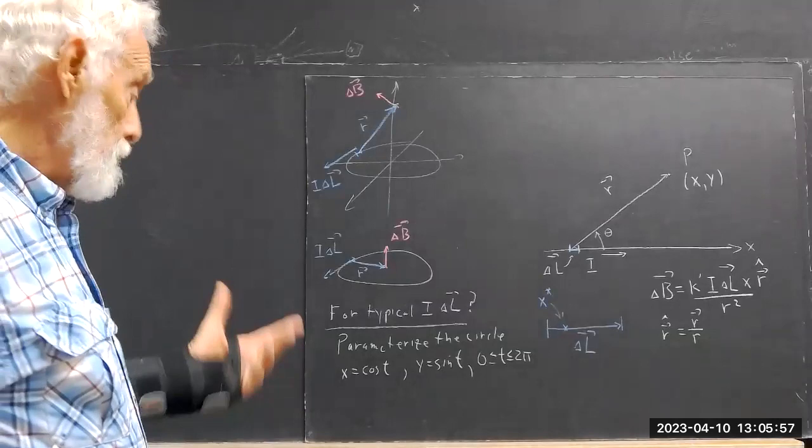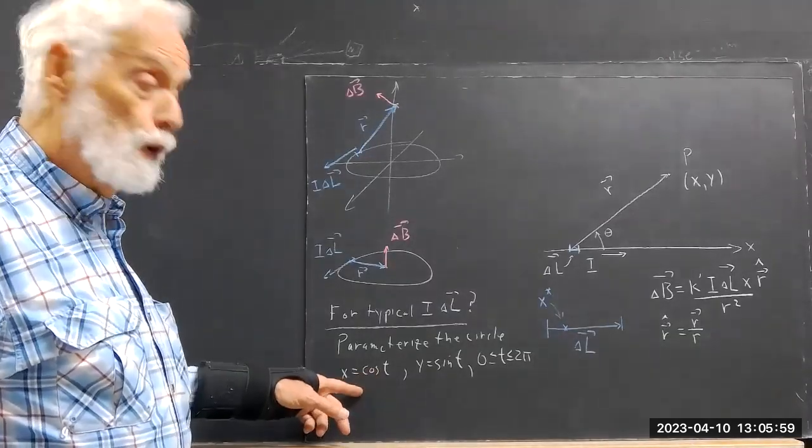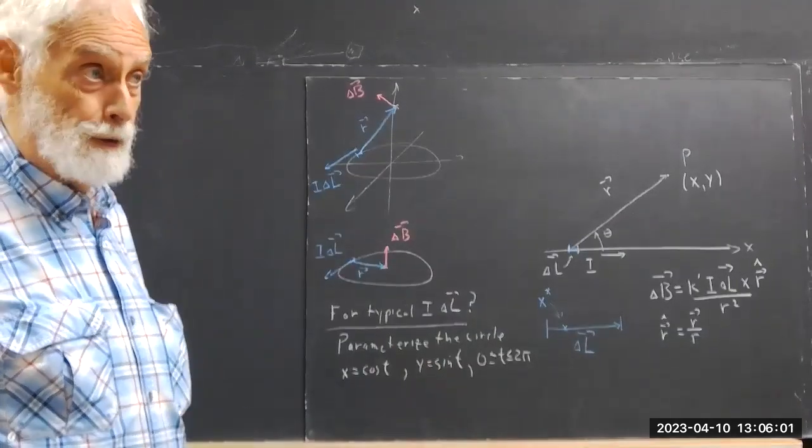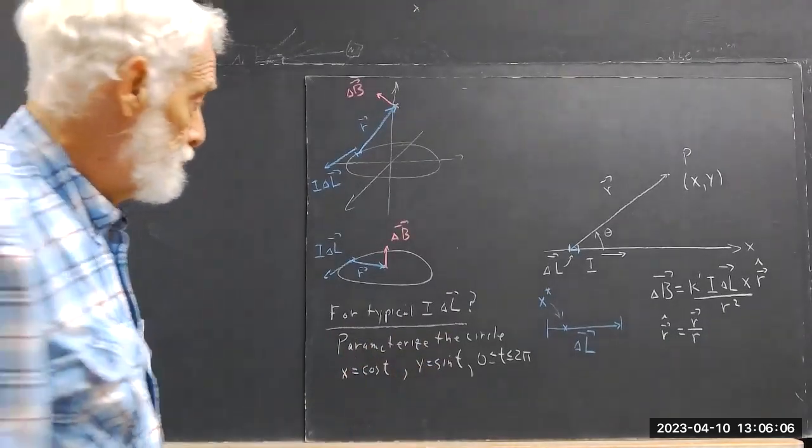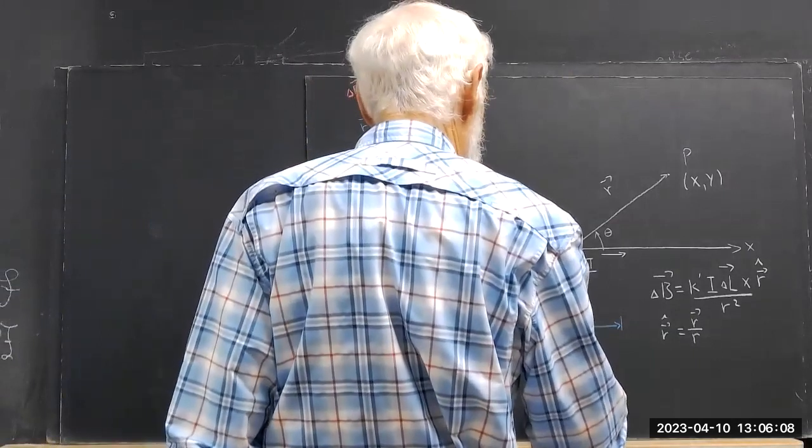Another convenient parameterization is cosine of 2 pi t, sine of 2 pi t, t from 0 to 1.